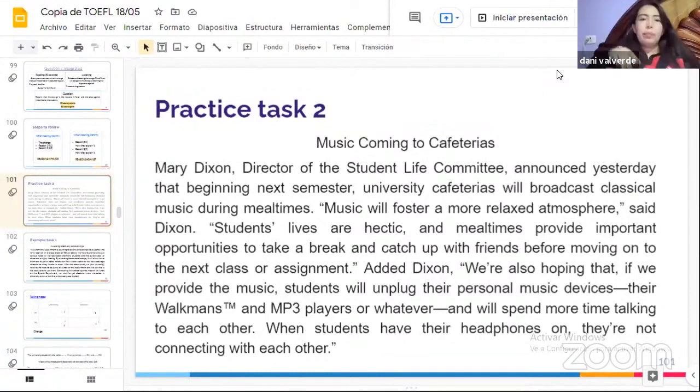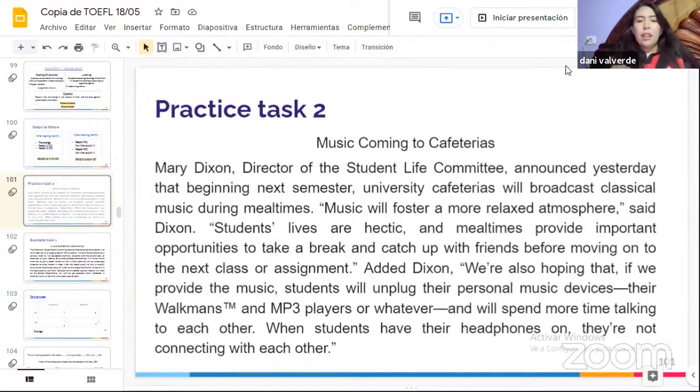Okay. Music coming to cafeterias. Mary Dixon, director of the Student Life Committee, announced yesterday that beginning next semester, university cafeterias will broadcast classical music during mealtimes. Music will foster a more relaxed atmosphere, said Dixon.